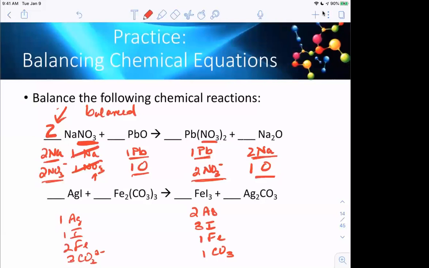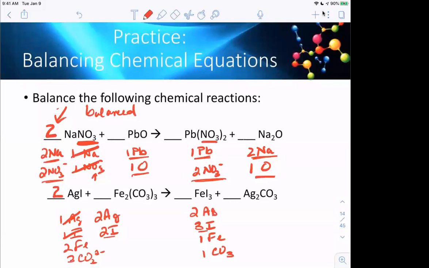I could look at silver. I have 2 here. If I put 2 on this side, that gives me 2 silvers. It will also give me 2 iodides. But now I notice I have 3 iodides and 2 iodides there. So that is not correct.